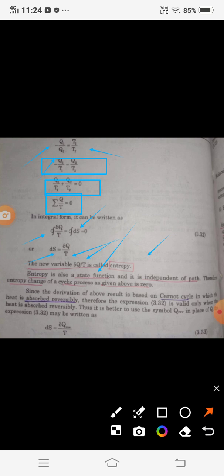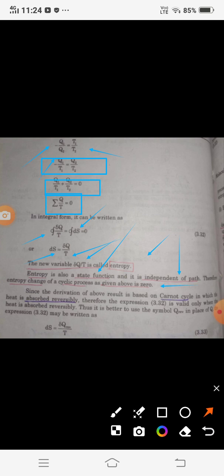The word state function means a function that is independent of the path, not depending upon the distance covered. In a cyclic process, the entropy change becomes 0.